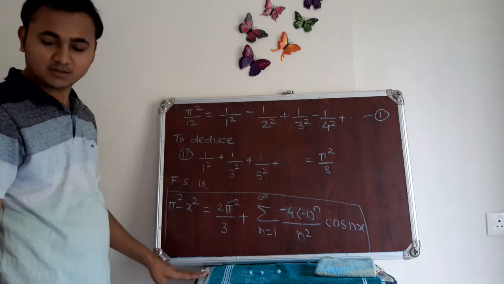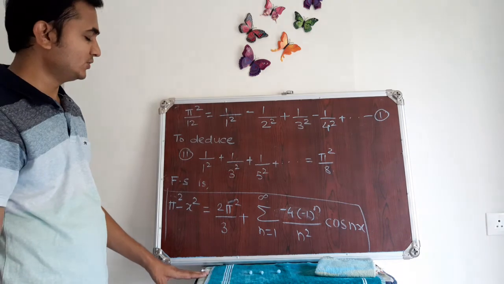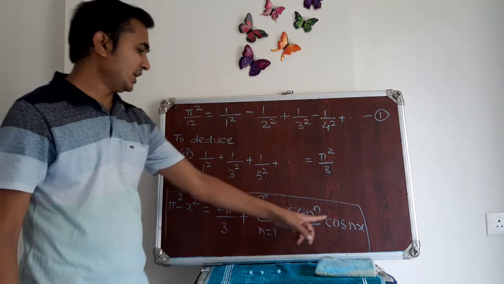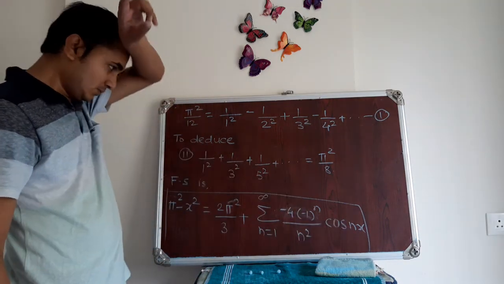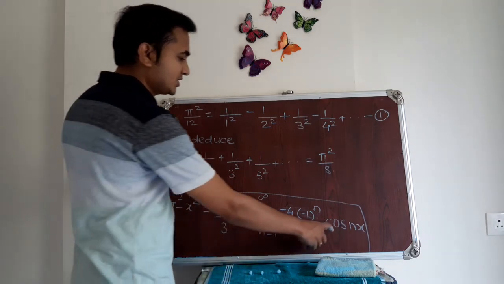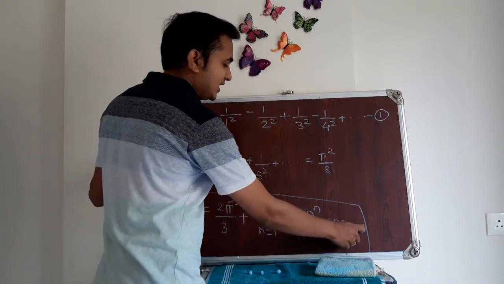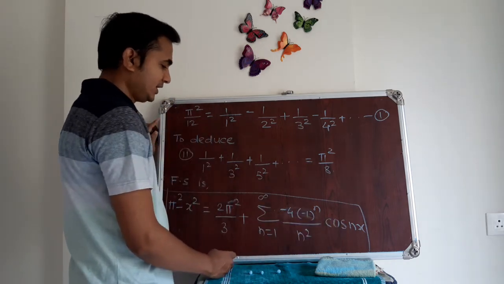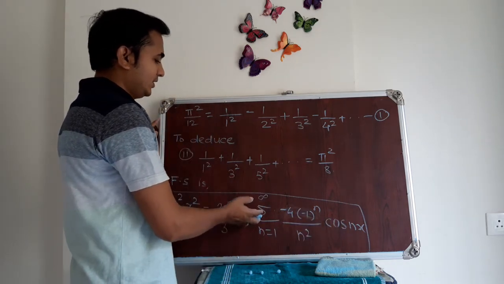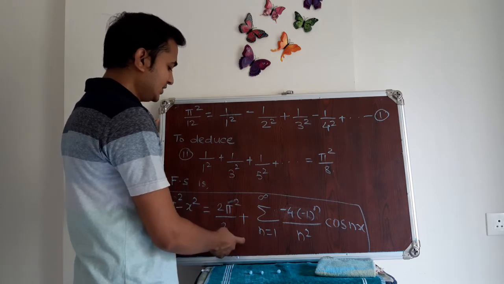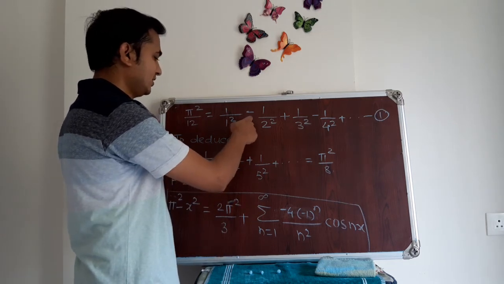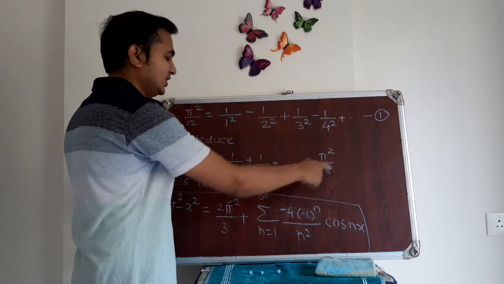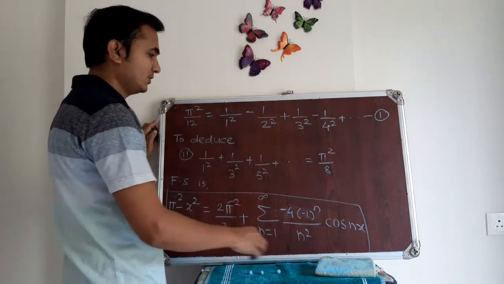What I will suggest is, if you substitute x equal to pi, cos n pi will become minus 1 raised to n. The resulting series plus this series will lead to this deduction. I will show you how.